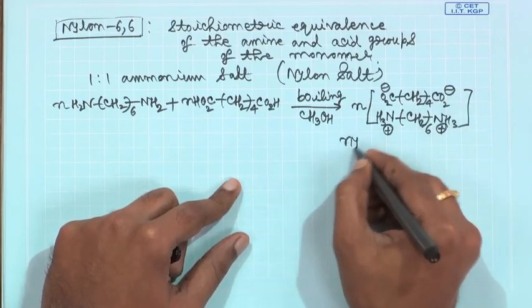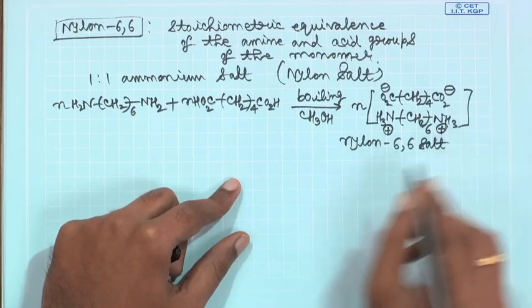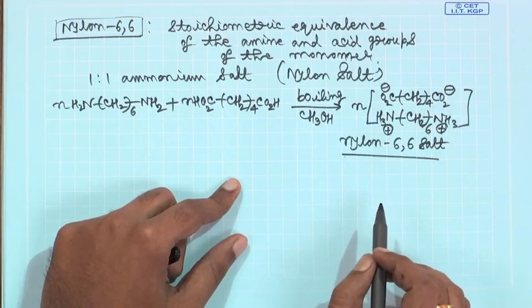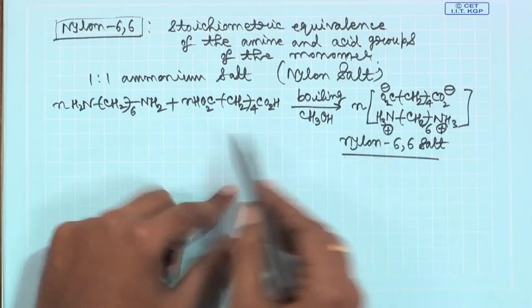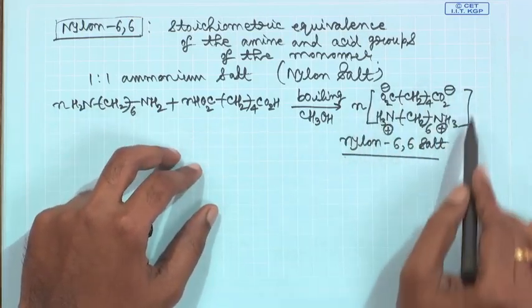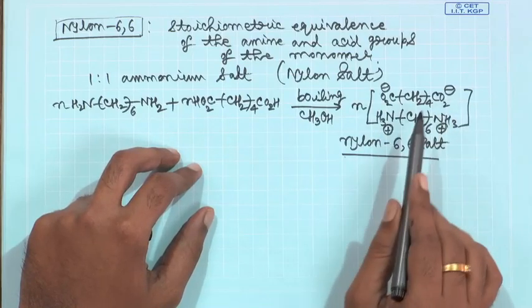So, this is your nylon 6,6 salt, one of the nylon salts. If you are boiling these two in methanol, this material is comparatively insoluble, so it just precipitates out.